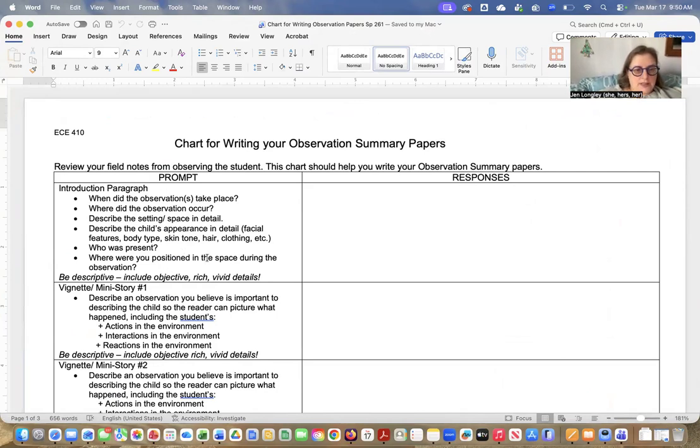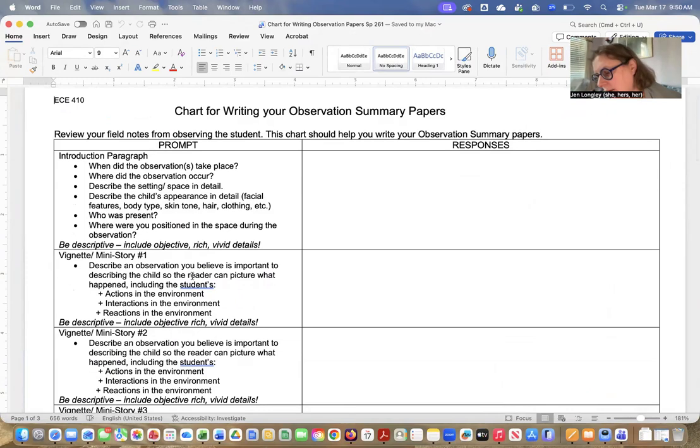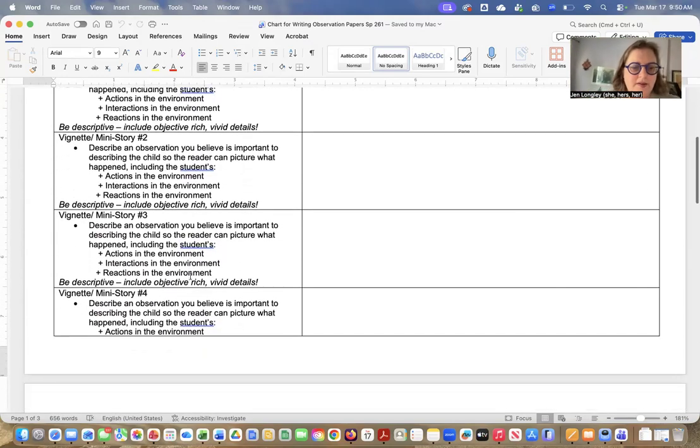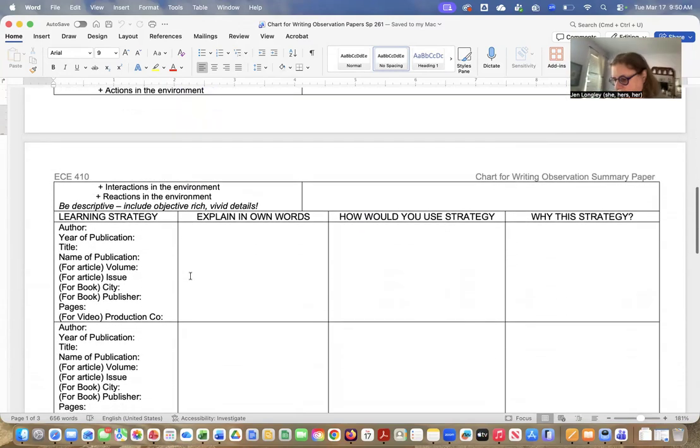Here's the information that you should include there: the setting, then the first vignette, thinking about a situation, the second vignette, the third vignette, the fourth. You should have four vignettes in your paper. This paper should be about 3 pages.